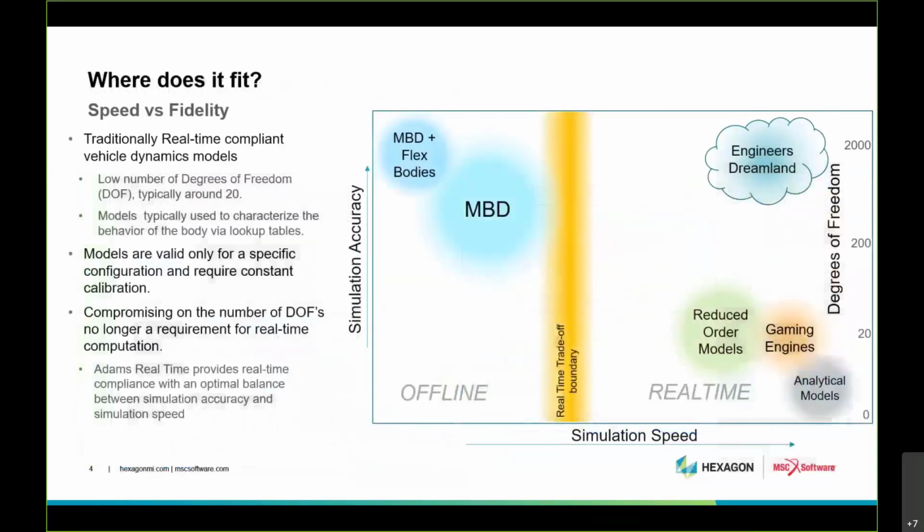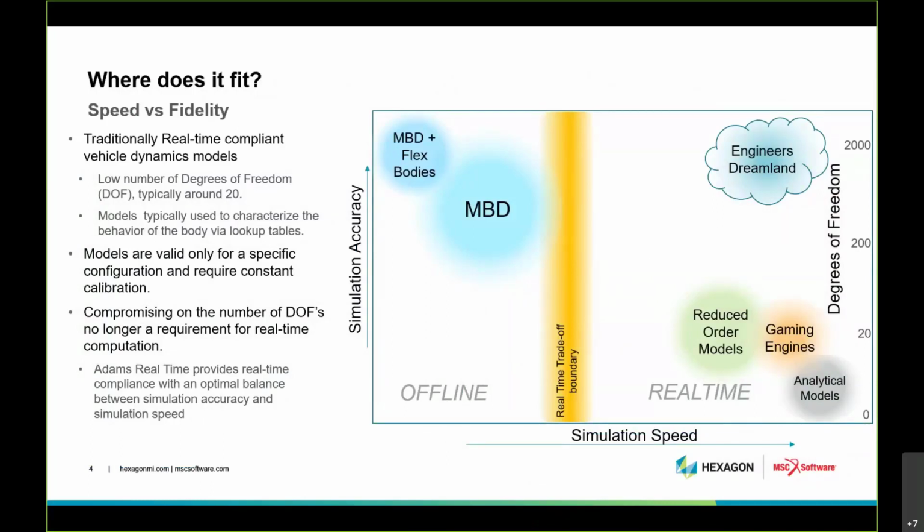As far as where it fits in, there's obviously lots of different solutions out there that have been leveraged in these areas. If we look at the image on the screen and look at the high-speed areas, such as analytical models, gaming engines, and reduced order models, they've been utilized because they're fast, but they also have some simplifications in regards to the accuracy level of the models.